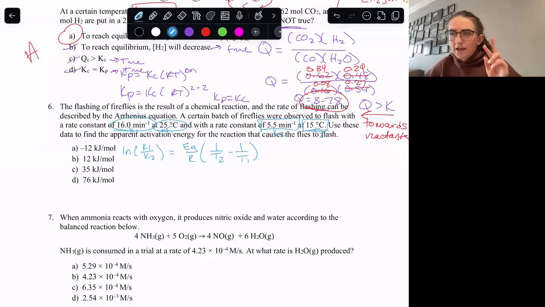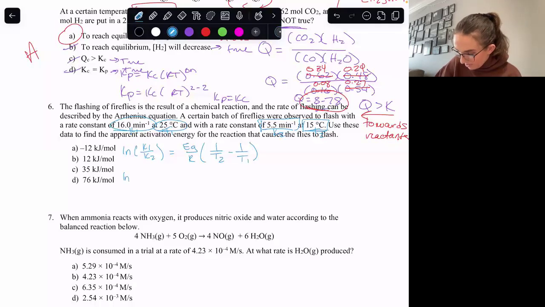It doesn't matter how you arrange K1 or K2 in your formula either. If you put K2 on top, it's the same thing, as long as you then want K1 second, or T2 second in your temperatures. So you want them sandwiched on opposite sides of your equation.